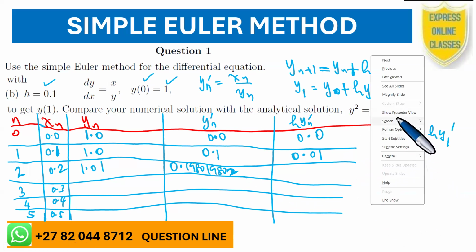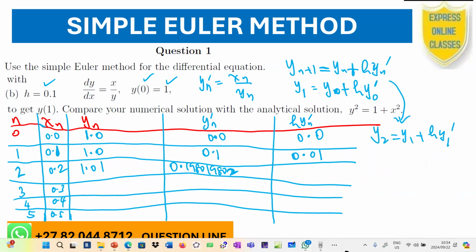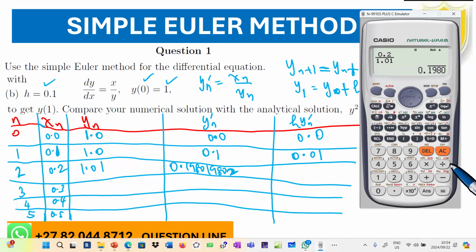Which is times 0.1, which is 0.198. Let's check this one. 0.0198 recurring.